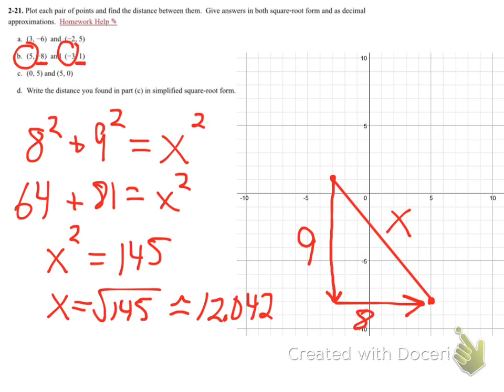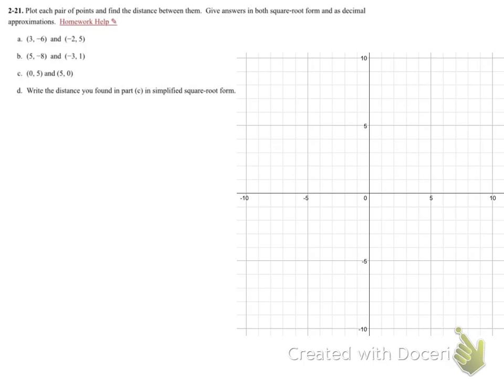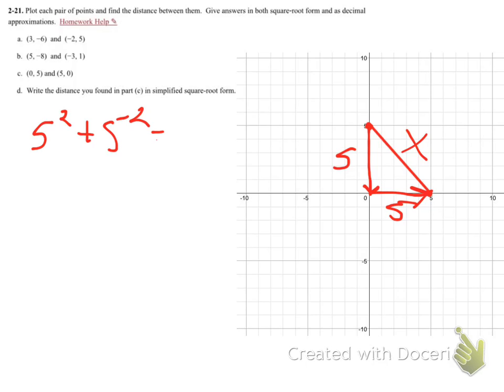Once again, looking at the next problem, I have my coordinate points at (0, 5) and (5, 0), and making my line between them. So once again, making my side lengths there, that one is 5 and that one there is also 5, giving me 5 squared plus 5 squared equals my hypotenuse, x squared.